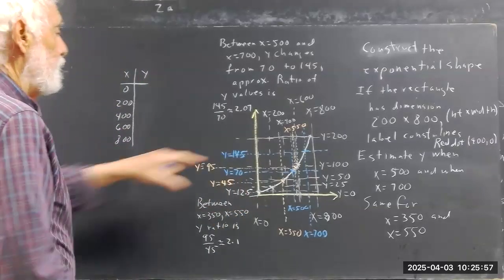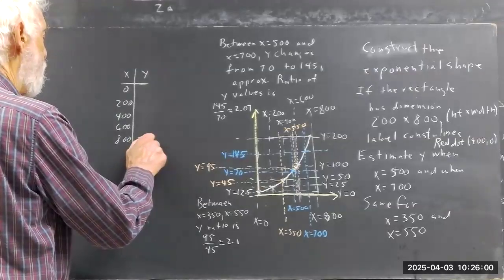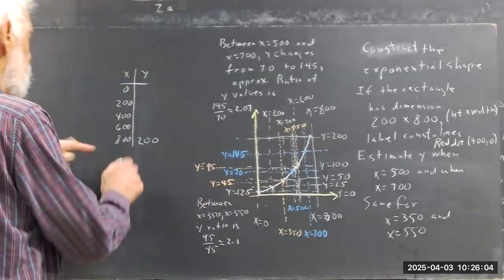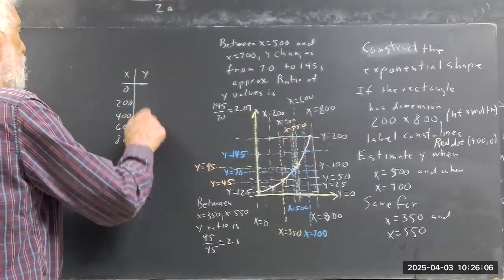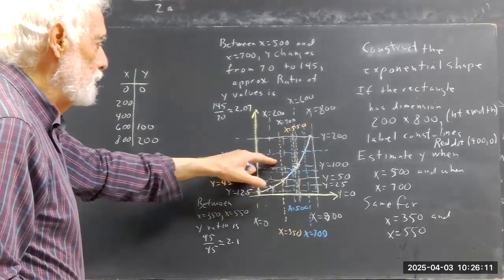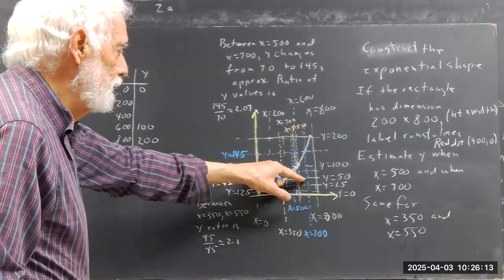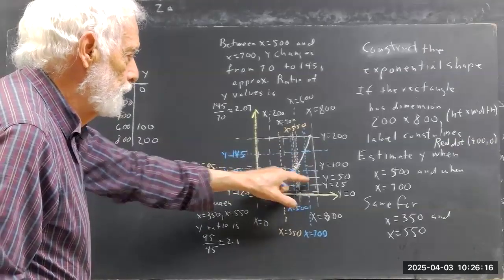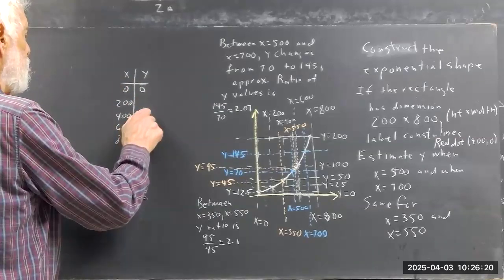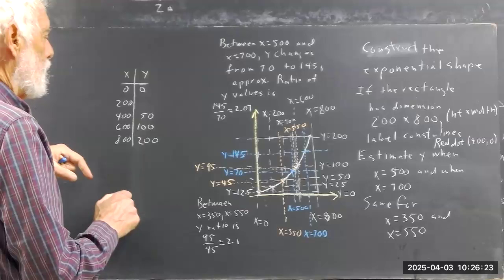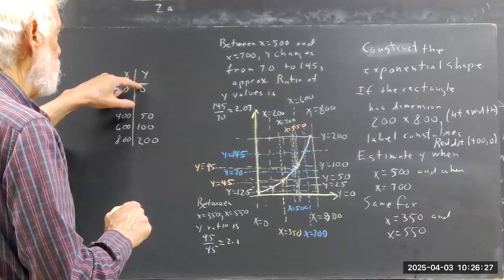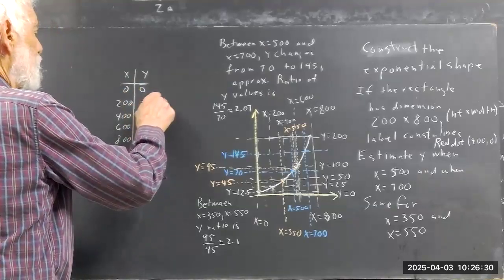So that at 800, where y equals 200, at 600, we're twice as close to 0. Well, that puts us at 100 because halfway between 200 and 0 is 100. Halfway between this line and this line is this line. That's halfway between 100 and 0, which is 50. So halfway between 100 and 0 is 50. Halfway between 50 and 0 is 25.